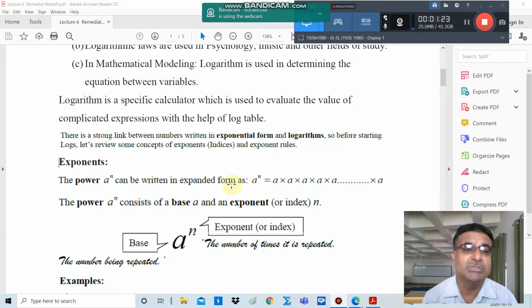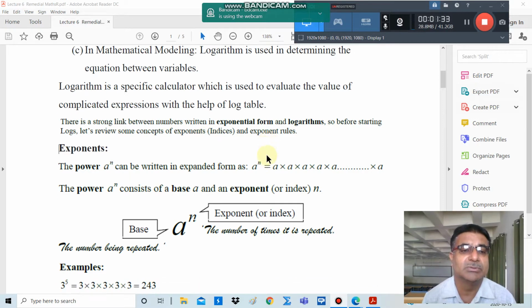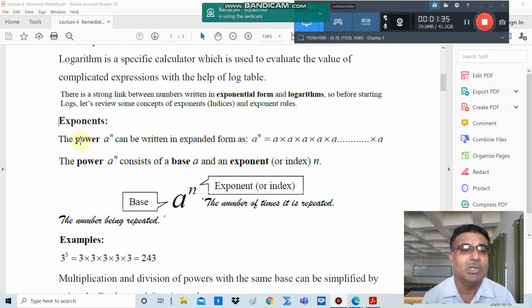So, before starting logs, let us review some concepts of exponents, indices, and exponent rules. Now, the exponents. The power a to the power n can be written in expanded form as a to the power n is equal to a multiplied by a up to the nth multiplication of a.